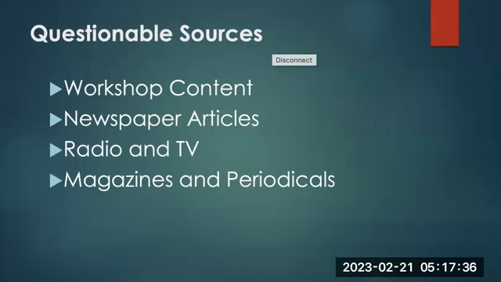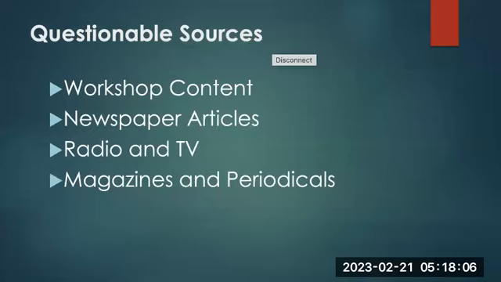And some really questionable sources include content from workshops and conferences, for example, newspaper articles, radio and TV, and magazines and periodicals. It doesn't mean that you should not use them at all, but you need to be really careful because some of this content may not be backed by sound research.